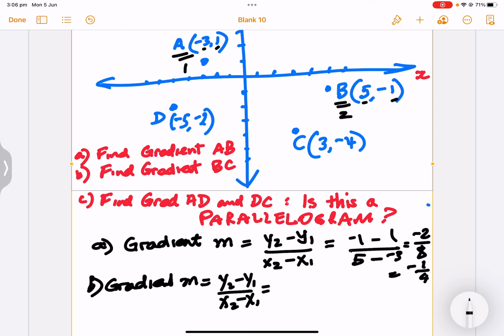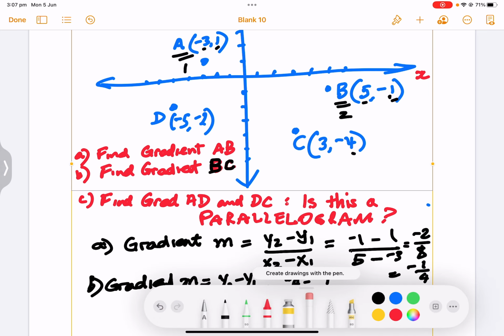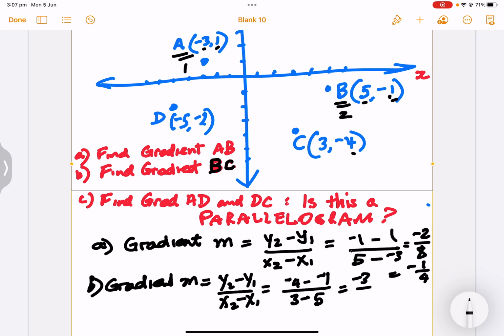This time my y2 is point C and my x1, y1 is point B. So y2, that's the -4, minus y1 is -1, and the x2 is 3, and the x1 is 5. -4 plus 1 is -3, over -2.